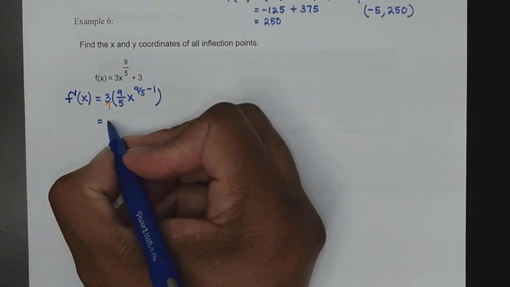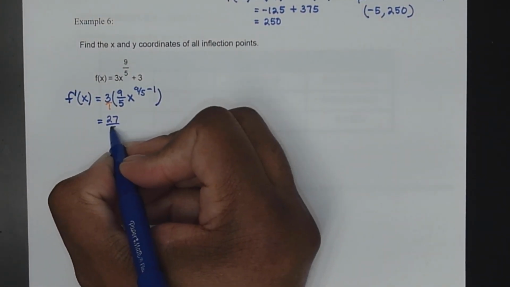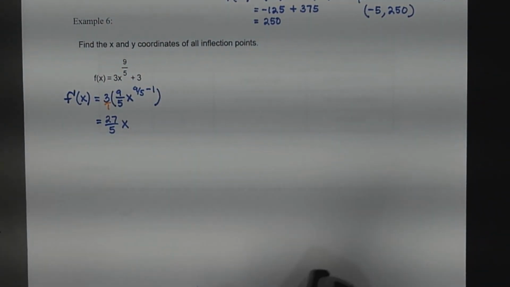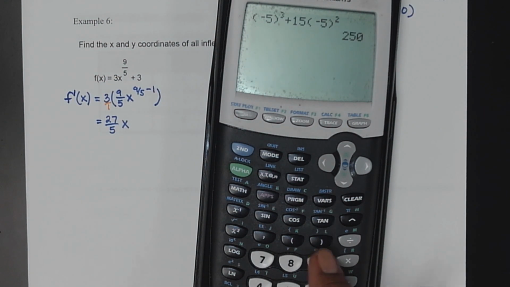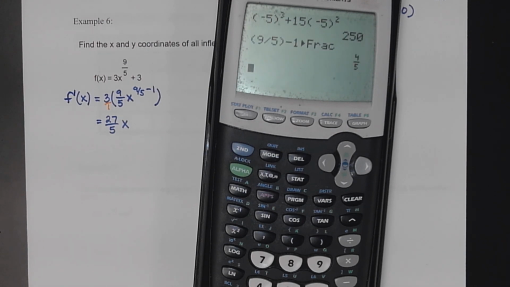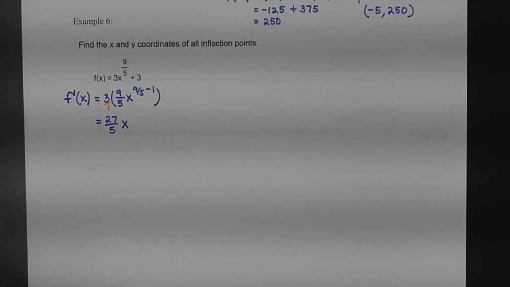That will be 27/5. Bring the x down, and if you do 9/5 minus 1 on the calculator, 9 divided by 5 in parentheses minus 1, that'd be 4/5.